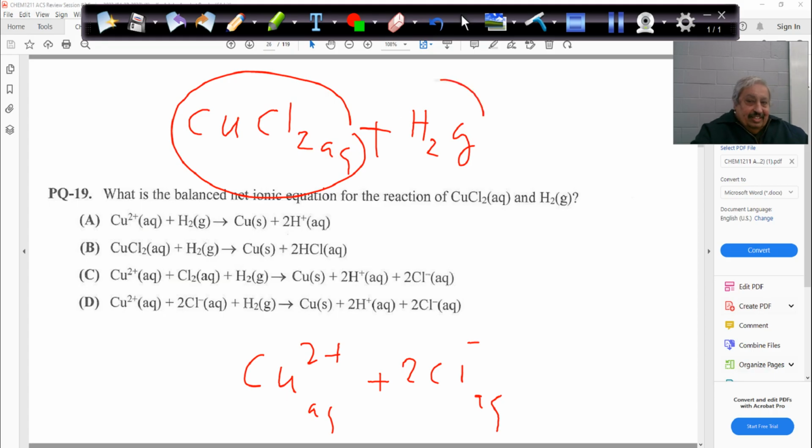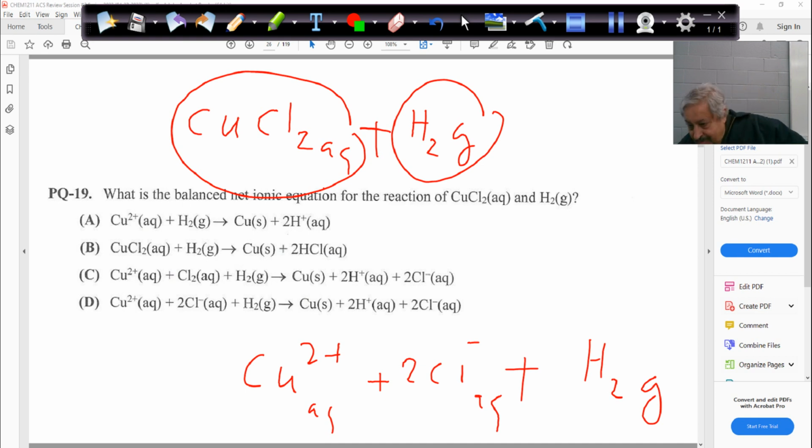Can I take the hydrogen apart? No. Hydrogen will remain as a gas. Okay, guys? So now I know that I am keeping all those without any change. So which one will be correct then? D. Yes. D is correct because you can't take apart the gas or liquids or solids.